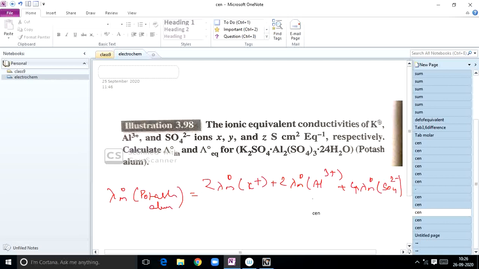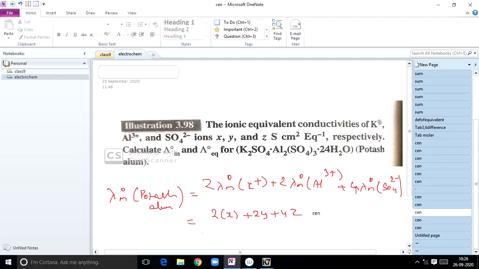These are the ions present in that potash alum. Those ions only I have written. So that is equal to, what is the lambda m naught of K plus given? 2 into X plus 2 into Y plus 4 into Z.